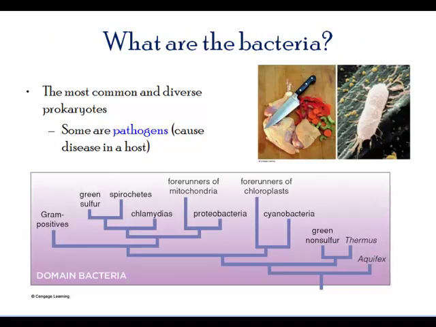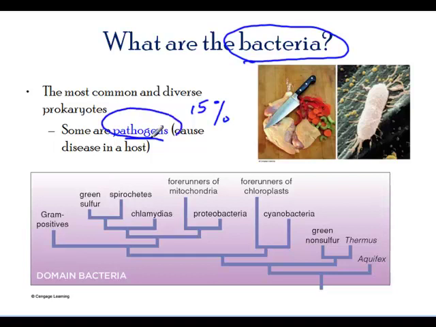Okay, so what are these prokaryotes? These prokaryotes are mainly bacteria, as you may have noticed. I've been using the term bacteria a couple of times, and not all bacteria are disease causing. Only about 15% of them are disease causing, and the ones that cause disease are called pathogens.